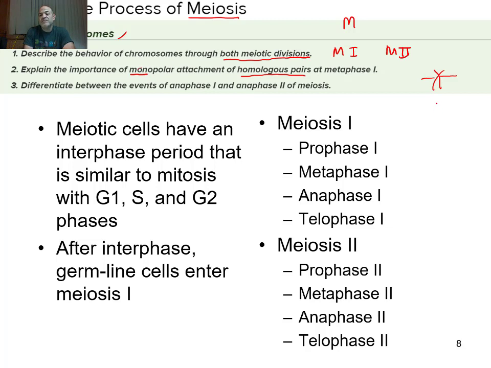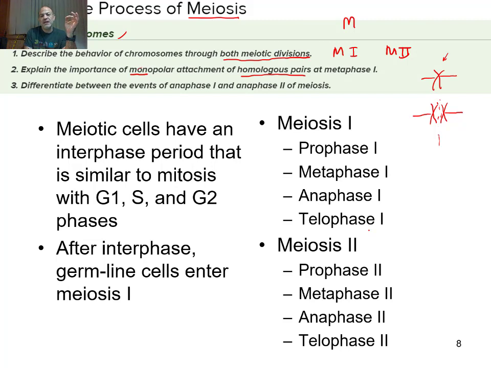But in meiosis 1, you're going to have the chromosomes pair up, and the entire chromosome is going to attach only to one pole. So instead of the sister chromatids attaching to both poles, we're only going to do monopolar. And this is going to allow us to separate the homologs instead of separating the sister chromatids. So that's an importance, right? That's the big idea there.